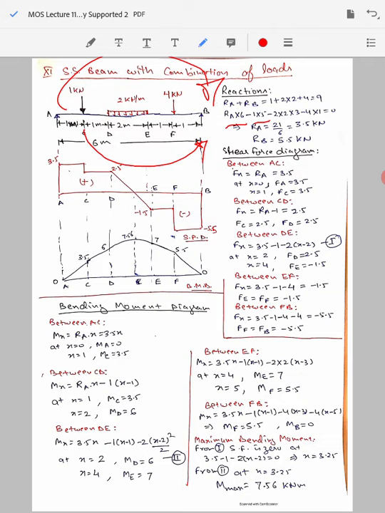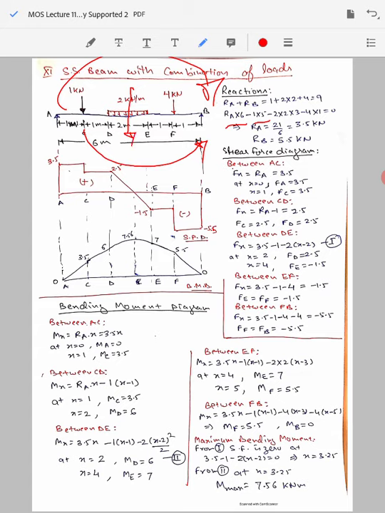Then we have the uniformly distributed load of 2 kN per meter for a span of 2 meter. So that gives a total load of 4 kN, 2 multiplied by 2. And as we have already discussed, we can assume this uniformly distributed load as a point load for the purpose of calculating reaction, to be acting exactly at the middle of this span.